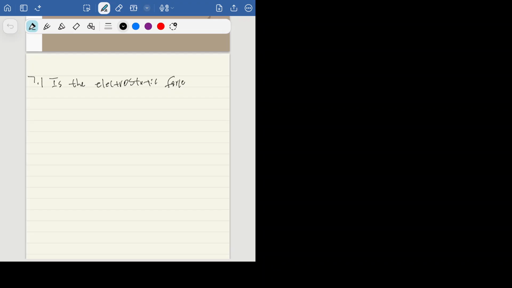So it is described as the electrostatic force experienced by a unit of positive charge placed at the point. Okay.